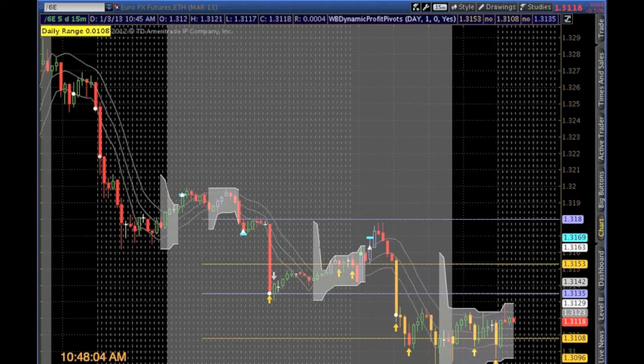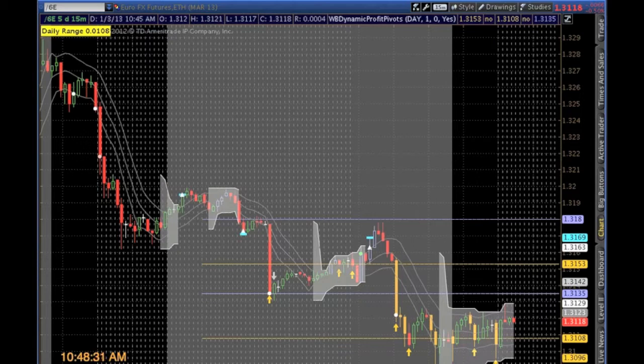They are constantly changing over time, and they move around. So if you look at them now and you look at them 10 minutes from now, they're going to be in different places, based on a number of proprietary algorithms that I've written that take a look at price action and a bunch of other things during the day. So that's point number one. They're not the same as regular pivots.